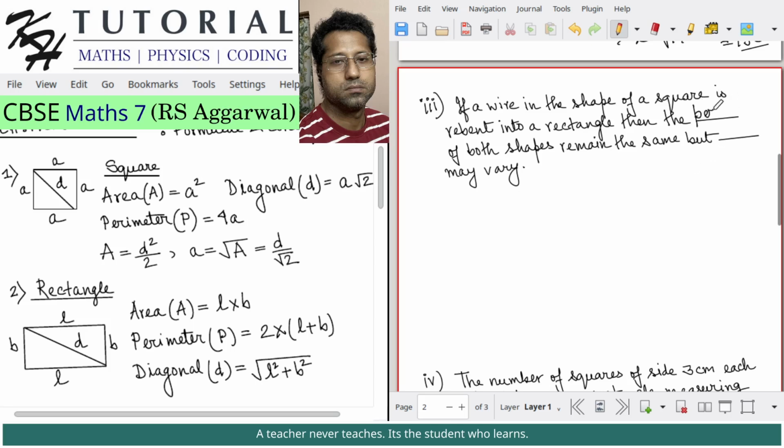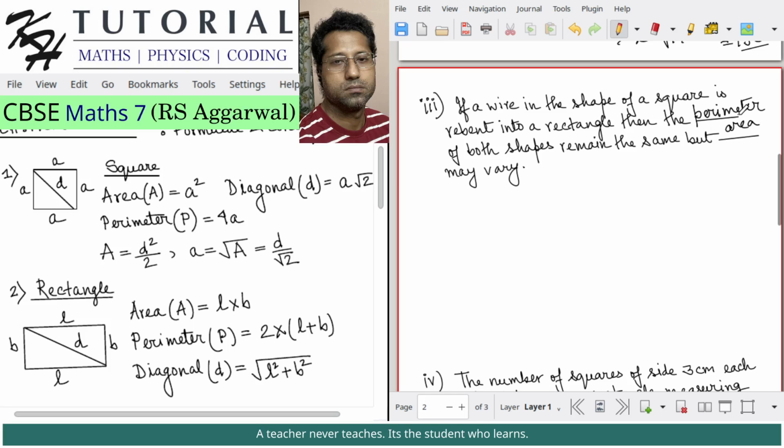So this will be perimeter, and obviously the area of the square and the rectangle will be different, may vary depending on how the wire is being rebended into a rectangle, that is, what is the length and breadth of the rectangle. So this will be area. So always remember that the length of a wire is always fixed.